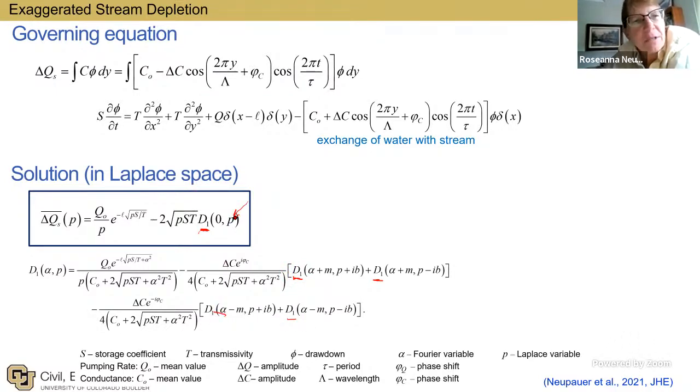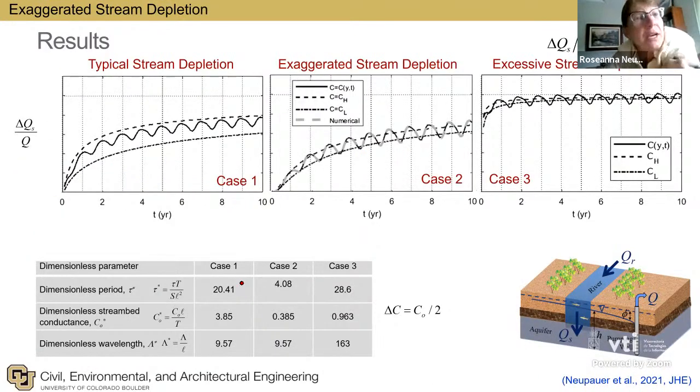So this p is the Laplace domain parameter. The whole point of showing this is that we can only get a solution in Laplace space, and it depends on a recursive function. Not critical for what I'm going to show with the results.